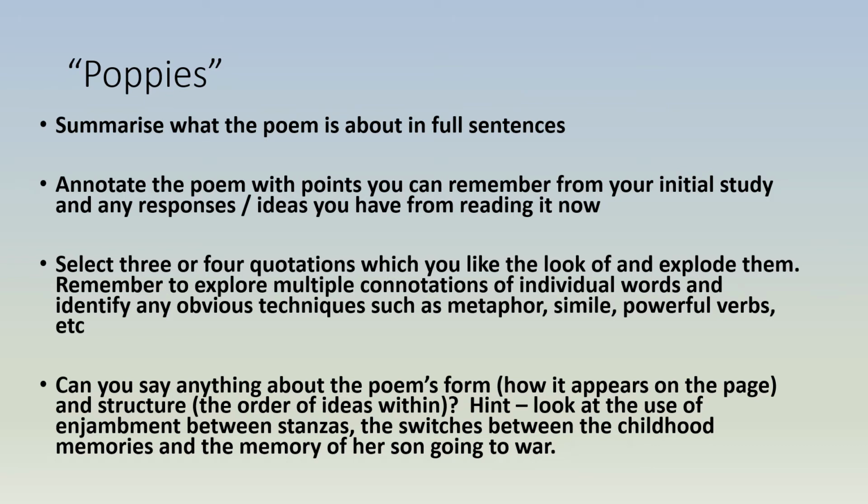It's quite a chaotic structure which perhaps symbolises how the mother is feeling and her ideas are just pouring forward. We've got enjambment, which means that some lines in the poem are running into a second line or even over into a different stanza.